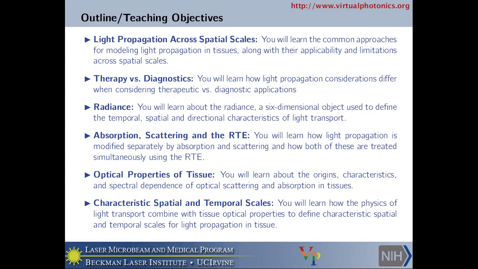These spatial and temporal scales are going to be important to bear in mind because as we go forward in the course, when we consider optical penetration depths, optimal spatial frequencies or optimal temporal modulation frequencies to extract optical properties, your sensitivity to absorption and scattering will be dependent on these fundamental spatial and temporal scales, which arise from a combination of the characteristics of light propagation and the characteristics of the composition and structure of tissue. And so it's that combination that gives rise to these spatial and temporal scales.